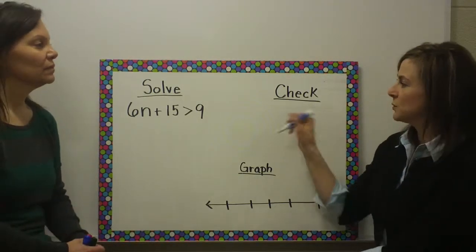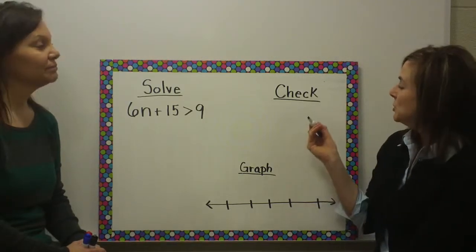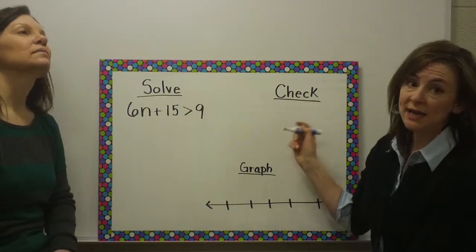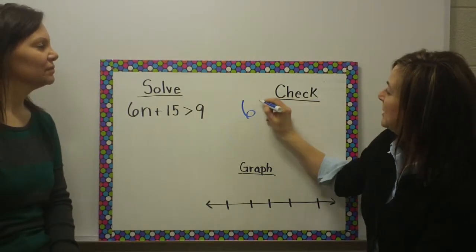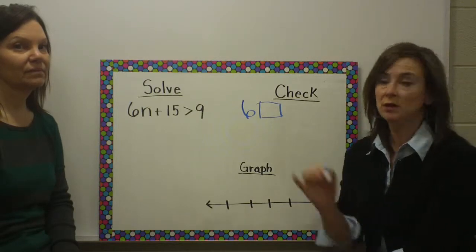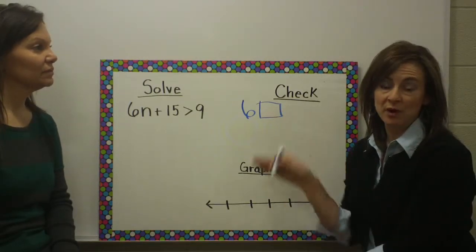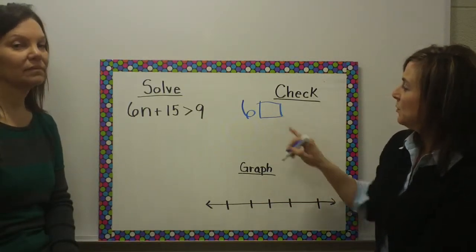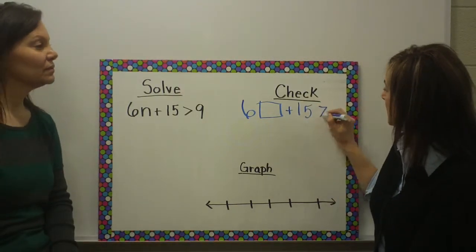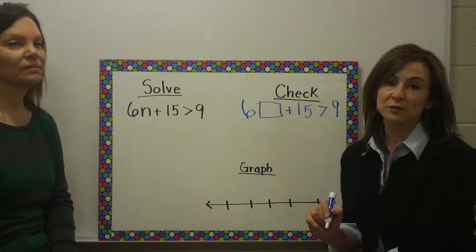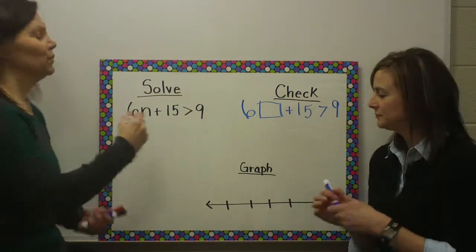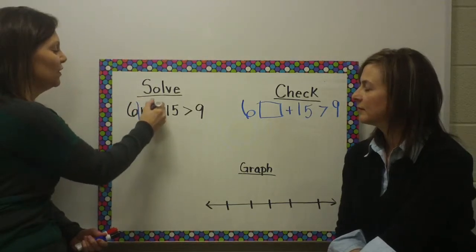What you can do to remember that check is, before you even solve the problem, go ahead and recopy it, but instead of the variable, put a little box to insert a number after you've solved it. So we've got 6 times something, and 15 is going to be greater than 9 to check if you solved it correctly.